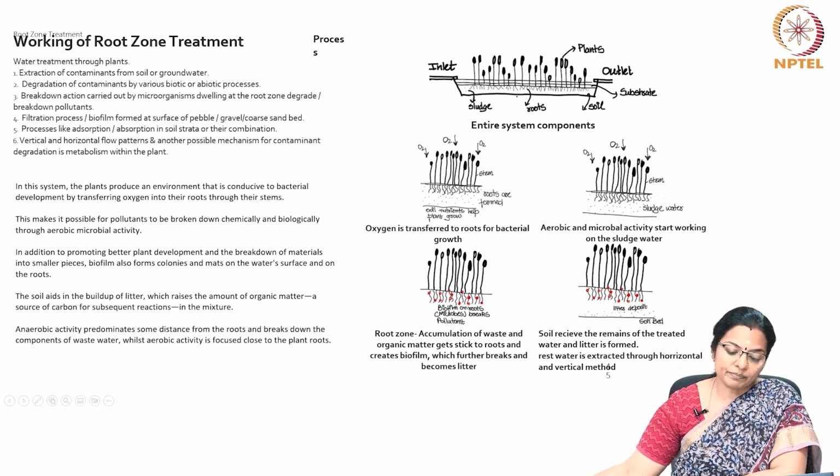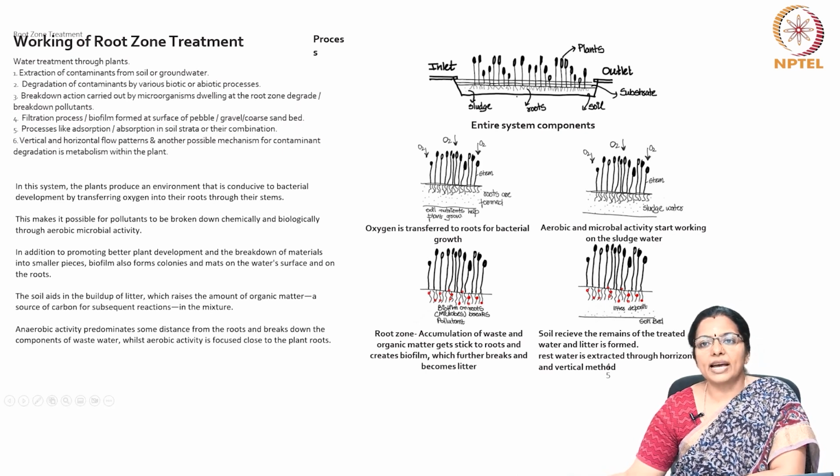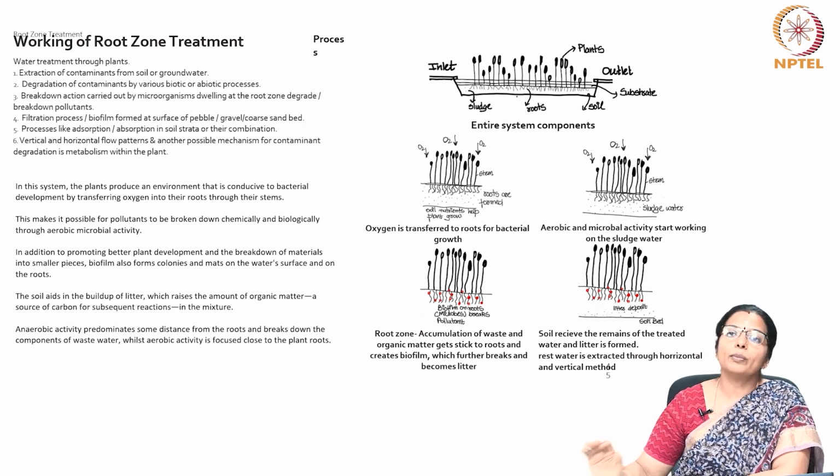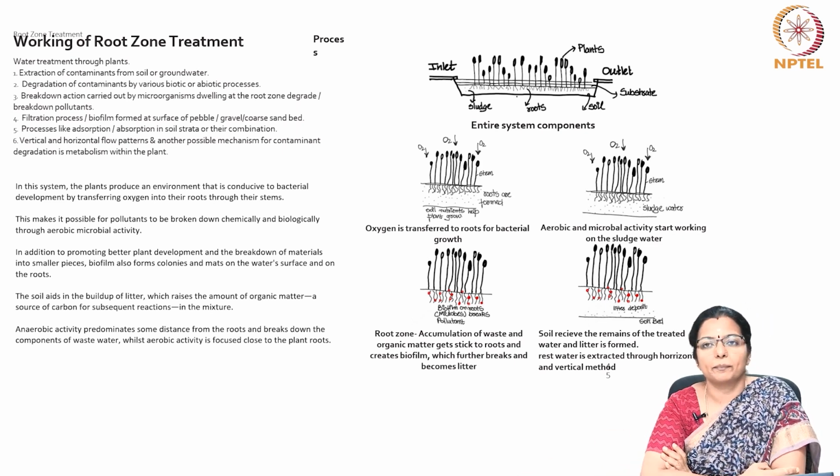In this system, the plants produce an environment that is conducive to bacteria to develop by transferring oxygen into the roots through their stems. This makes it possible for pollutants to be broken down chemically and biologically through aerobic microbial activity.